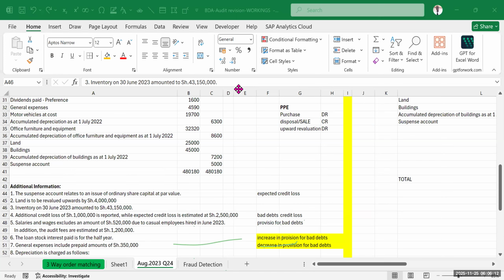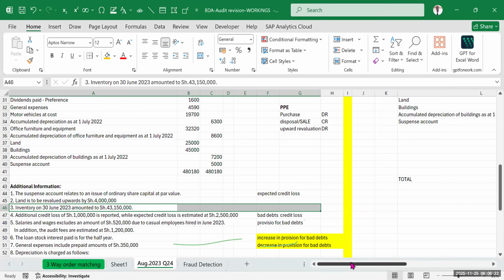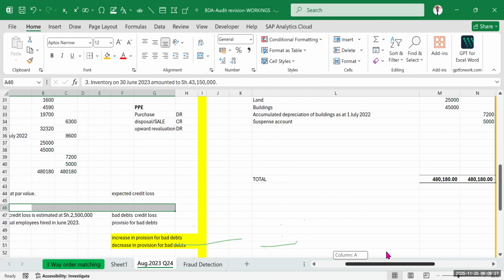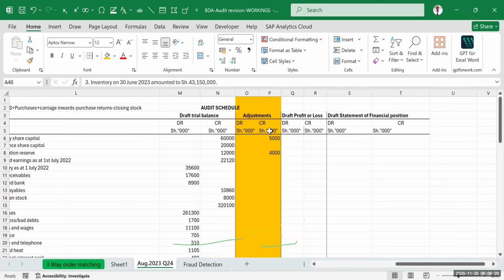I think we now need to understand that Maria is saying closing inventory will affect both P&L and financial position. That's right. Thank you. So, members, whenever you look at that note 3, the information given is not an adjustment. We are not adjusting any account at that point.